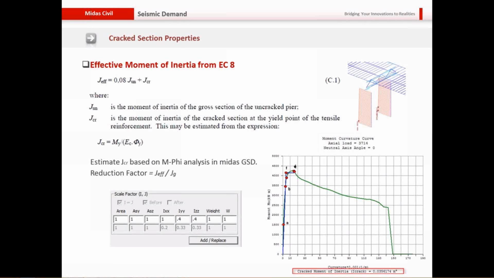Eurocode 8 suggests the effective moment of inertia as about 8% of the uncracked value added to the effective cracked moment of inertia, which is calculated based on M-phi analysis, the moment curvature analysis. I'll be showing you this M-phi analysis in GSD when we come to pushover analysis. But for the moment, you can rest assured that our software is capable of calculating the moment curvature and the cracked moment of inertia for you.